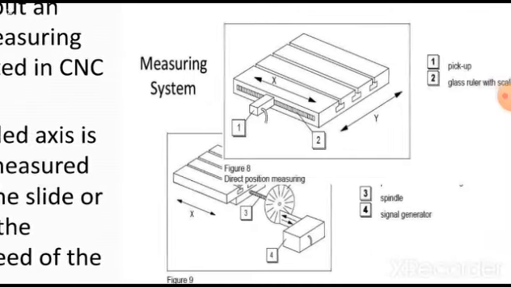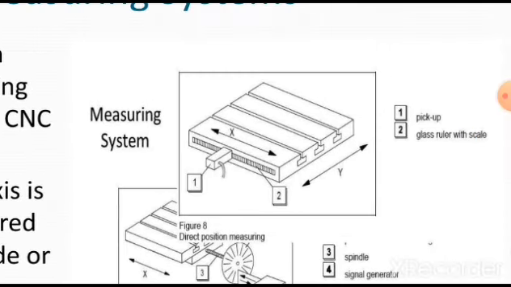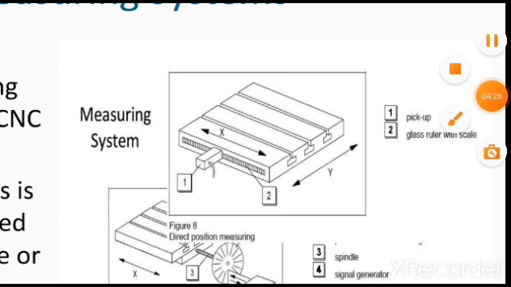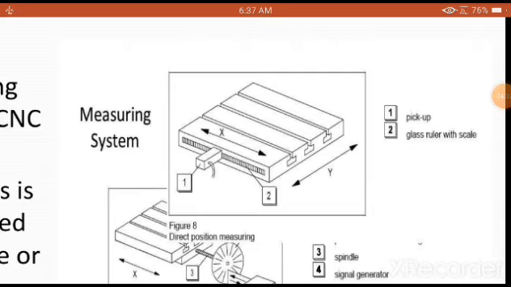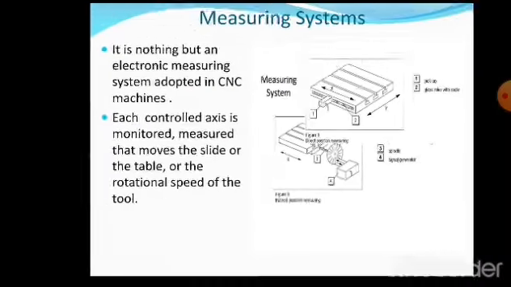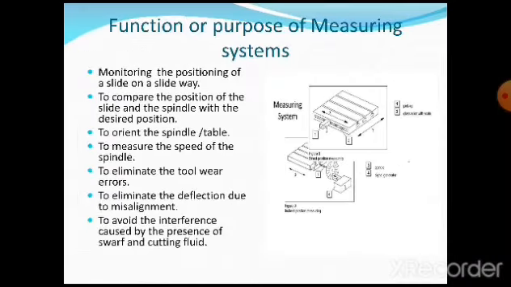So as you are going to see very clearly here, there are two types of systems which are important: the direct and the indirect measuring system, which we are going to discuss at length in the subsequent presentations.